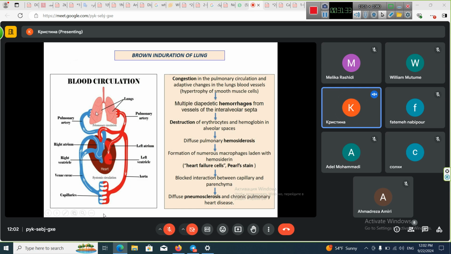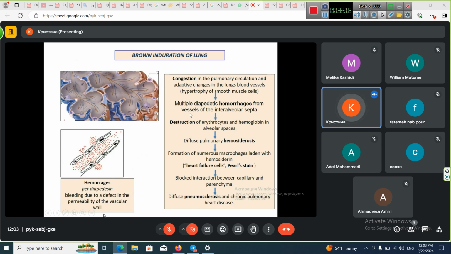There, in capillaries, there is gas exchange and oxygen goes to the blood, and then the blood is returned to the heart. Congestion in pulmonary circulation is caused by the weak left portion of the heart. It means it cannot receive blood rich in oxygen from the lungs. So the blood stays in lungs. It causes congestion.